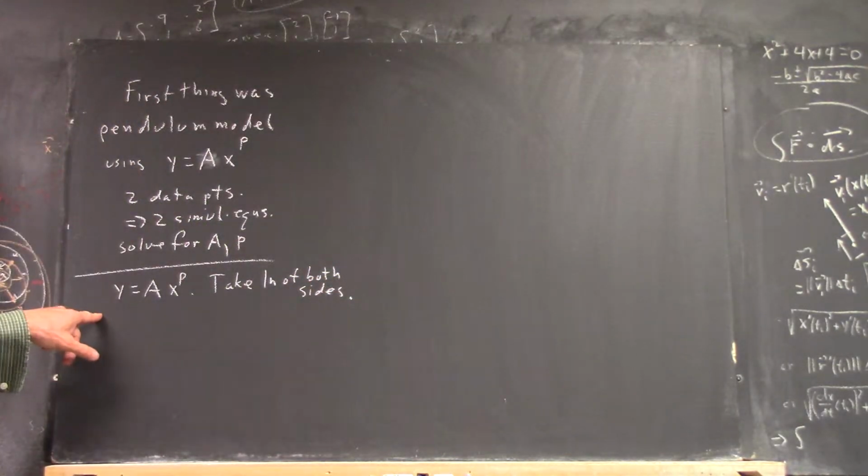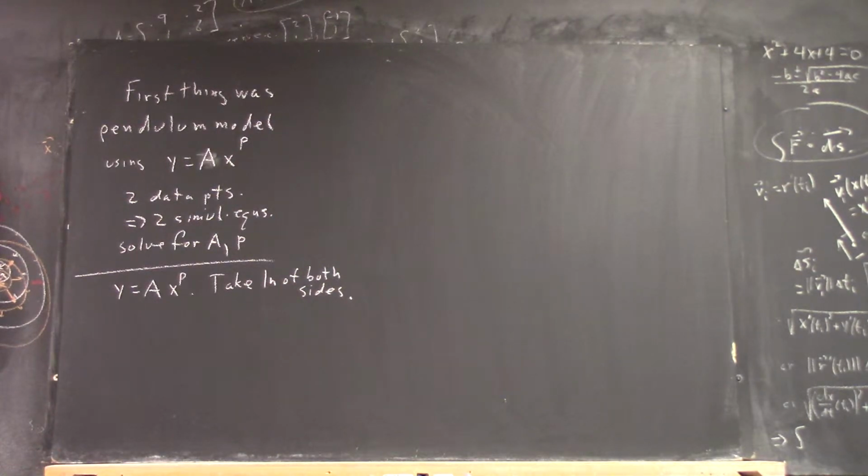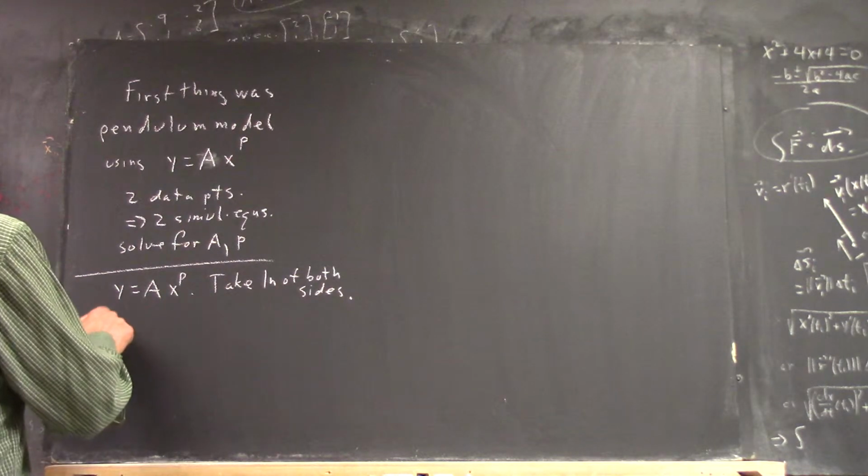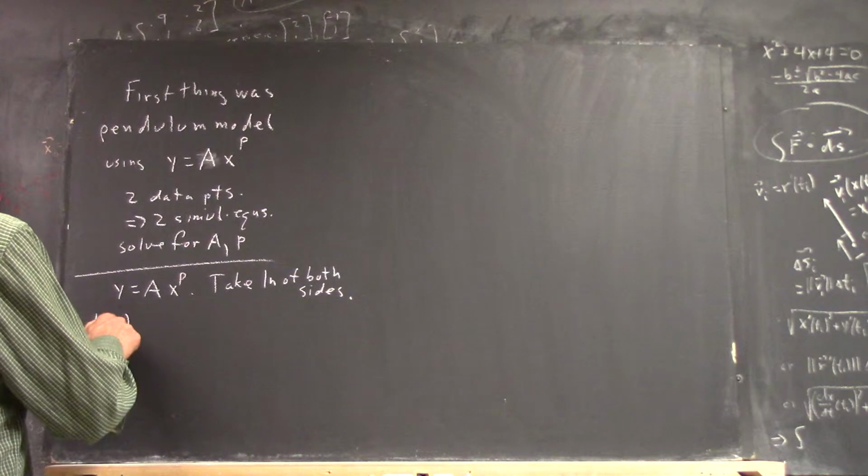So what do we get on the left if we take the natural log of the left-hand side? It's really complicated, but maybe you can figure it out. Yeah. See, I told you it was complicated. Okay? So we get natural log of y.